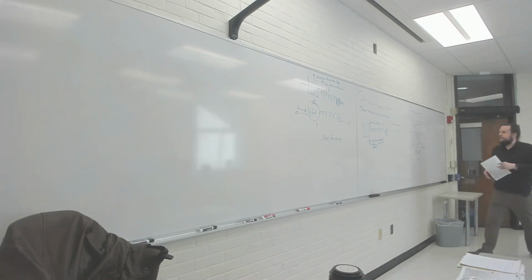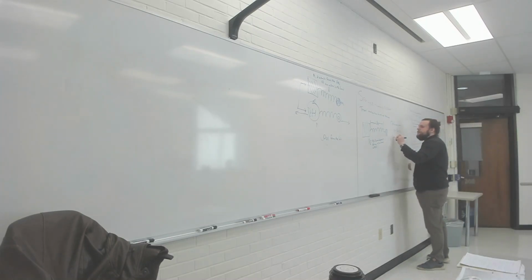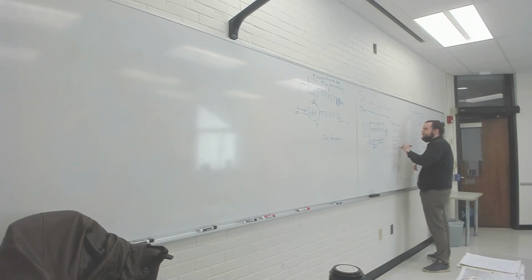So if x equals 0, L equals L naught, spring at equilibrium. If x is greater than 0, that means L is greater than L naught, spring stretched. And if x is less than 0, the opposite is true: L is less than L naught, spring compressed.